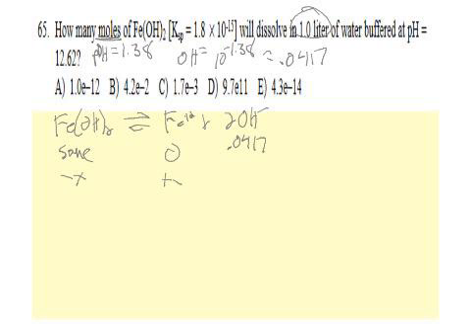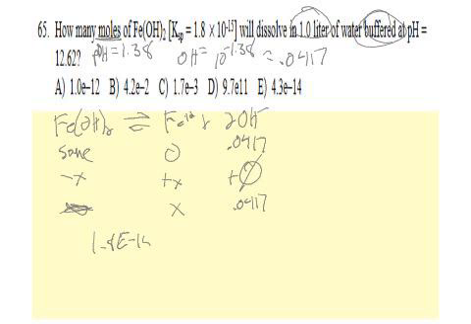Minus x plus 0. Okay, again, because it's buffered. If it doesn't say buffered, then you would still have a plus 2x there. No one cares. You're a solid. X and 0.0417. So 1.8 e negative 15 equals x times 0.0417 squared.